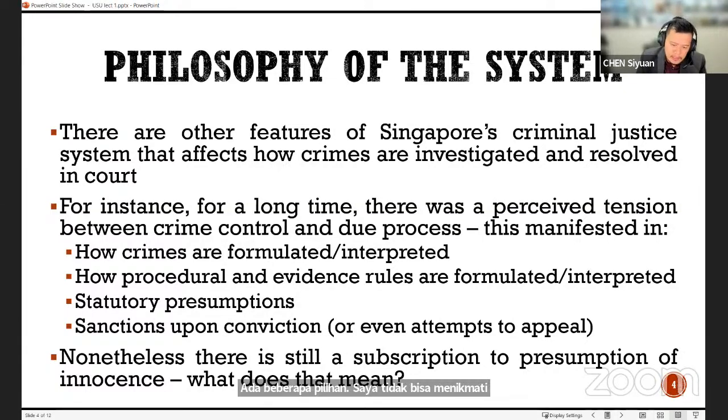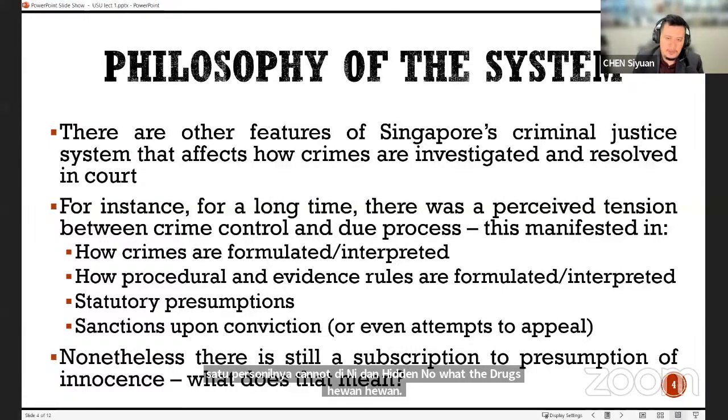So the prosecution needs to gather the evidence, charge the person, and then show in court that based on the evidence, the accused person did commit a crime beyond a reasonable doubt. And actually, that's a very basic meaning of presumption of innocence, right?